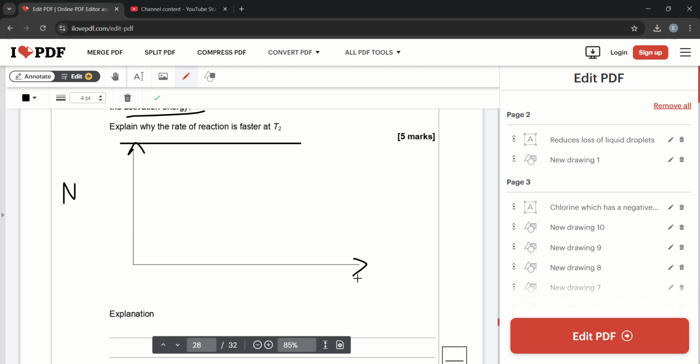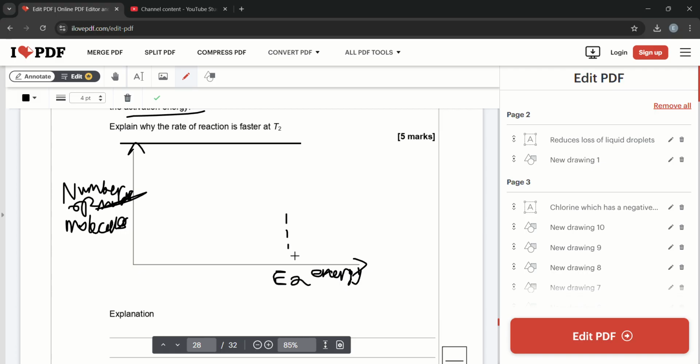The axes are number of molecules, and then energy. Kinetic is not required in the mark scheme. The activation energy is somewhere around about here.